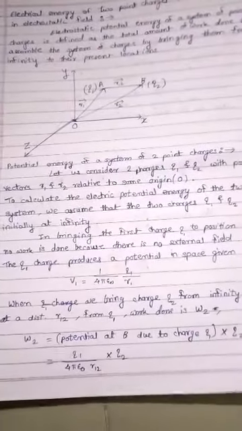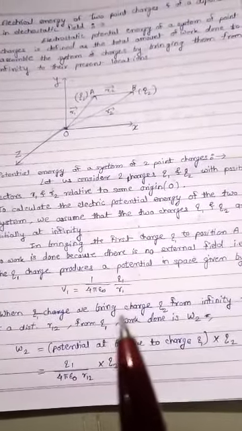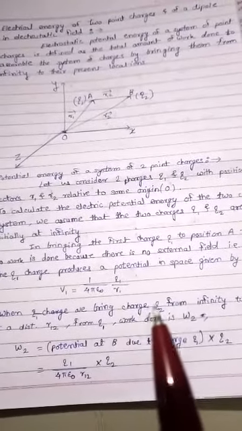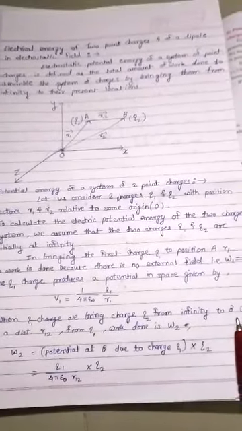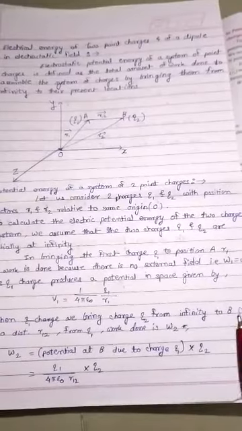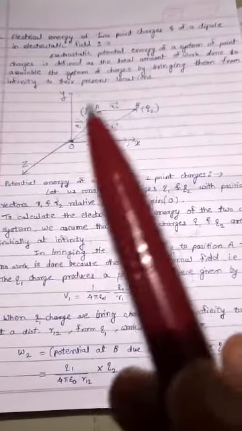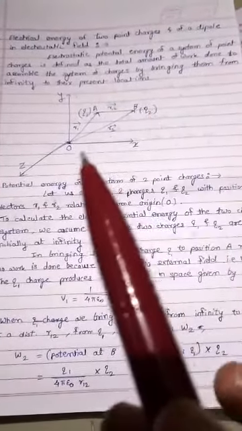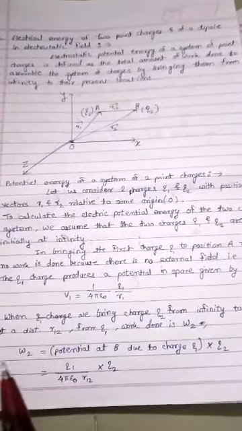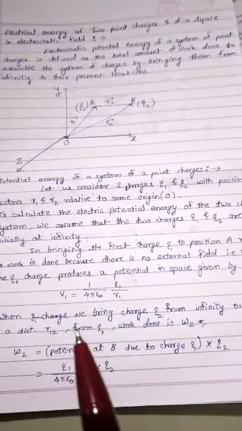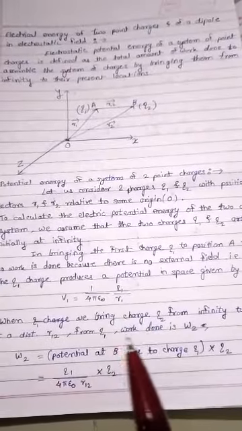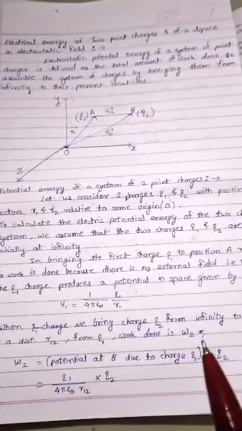Then when we bring charge Q2 from infinity to B, at a distance R12 from Q1, the work is W2.